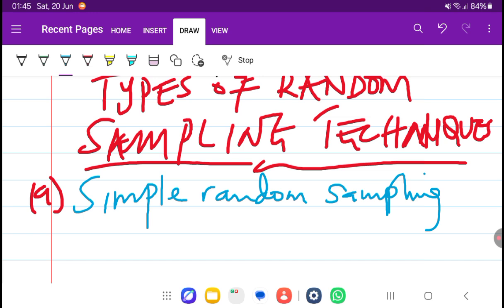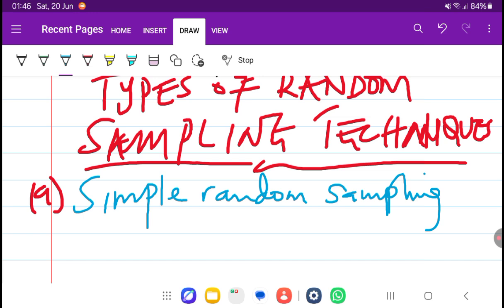But remember, we said there is when you pick a sample without replacement, and then there is when you pick a sample with replacement. So if we pick an individual without replacement, the individual who is selected is removed from the population and cannot be chosen again.